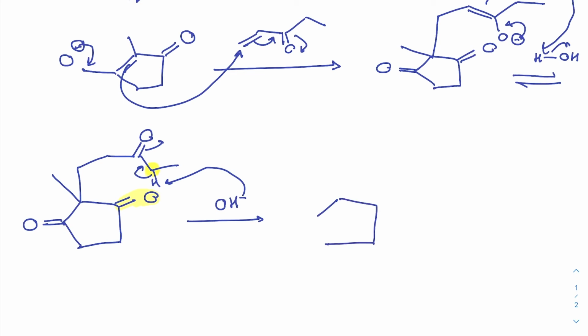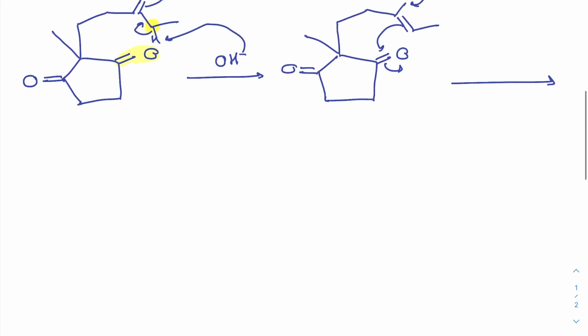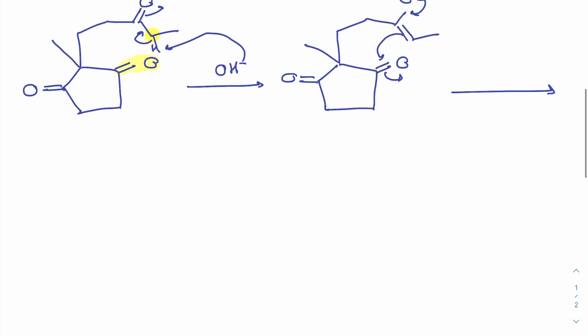So we're going to have that. That is going to give us an enolate that is going to be very reactive towards our ketone. So next, it's going to attack our ketone to create a 6-membered ring. So this is what it's going to look like.